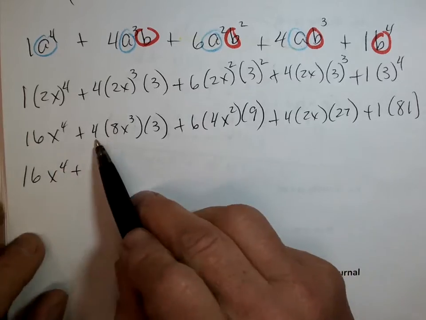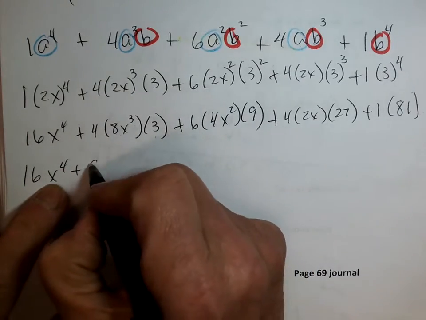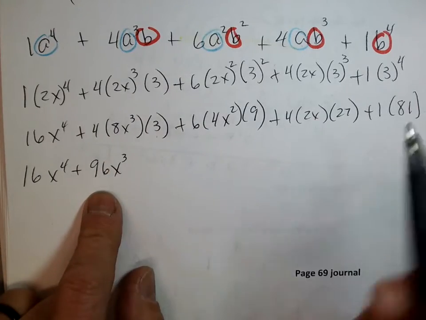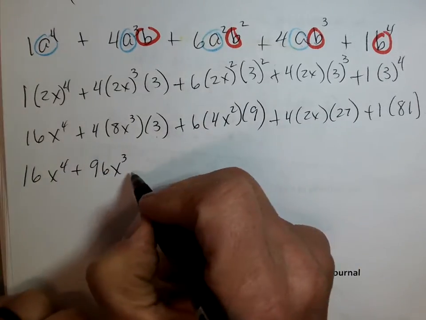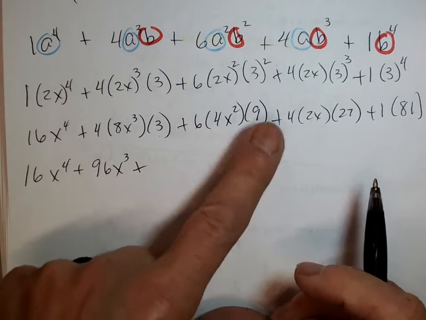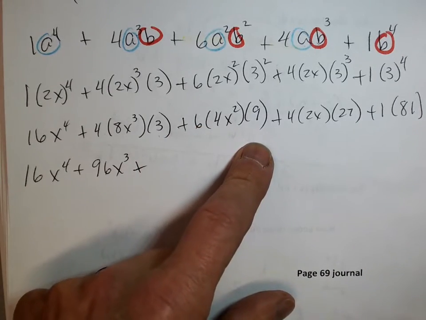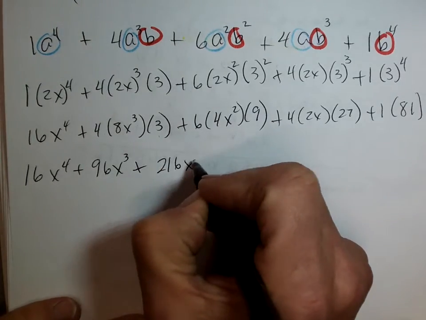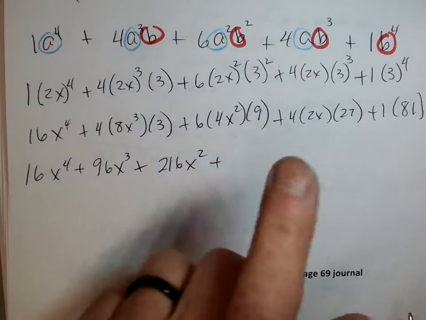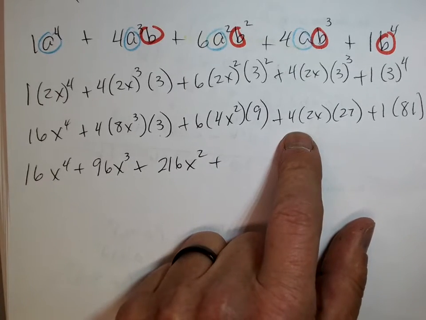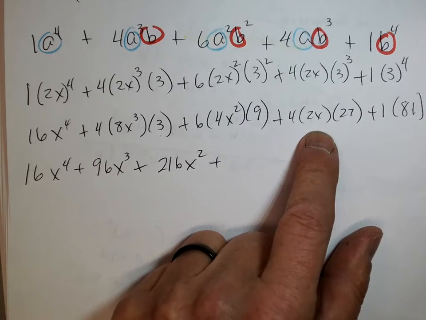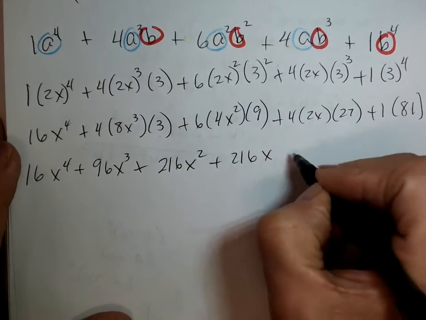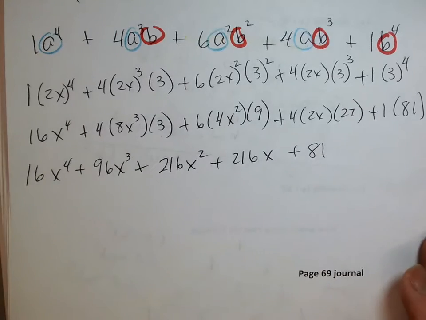I let my calculator do it, and I got 96x cubed, plus 6 times 4 times 9, and I get 216x squared, plus 4 times 2 times 27, another 216x, plus 81, and that is the answer.